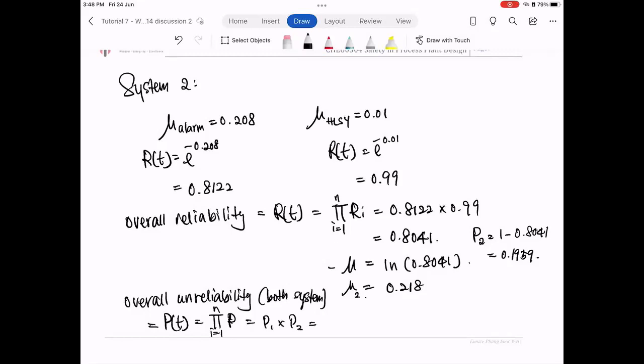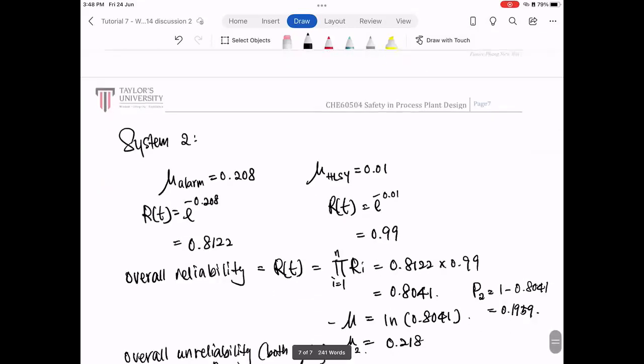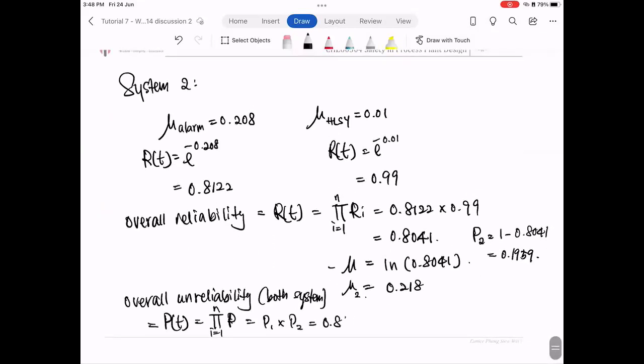So we have P1, 0.8687, times 0.1959, which gives 0.1702.